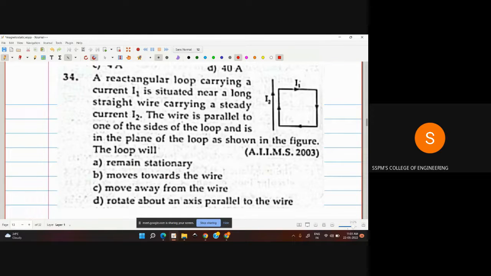आता ह्या केस मध्ये बघा, दिस स्ट्रेट वायर कॅरिंग करंट I2 and the current is flowing in upward direction and the current loop is given here. The current flowing through this loop is clockwise, but as far as this edge is concerned, the current is upward.